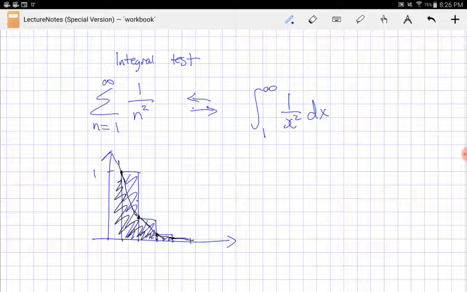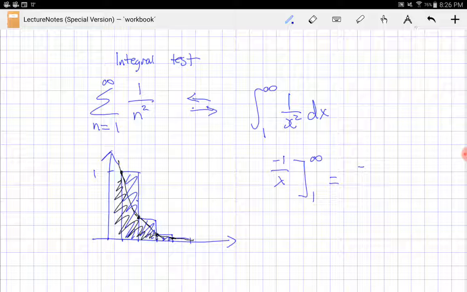But this test is very useful. Say I didn't know about the p-test. I would go and integrate this, and I would find that this is equal to negative 1 over x, counting from 1 to infinity.